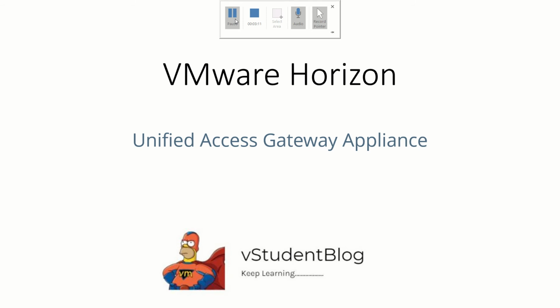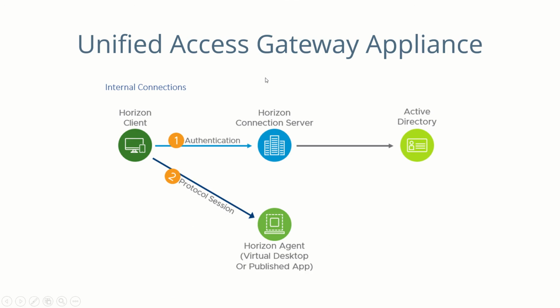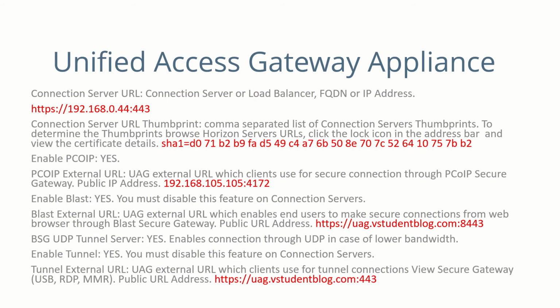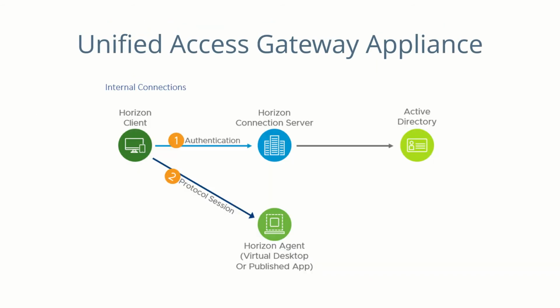So that's a little bit about this, and coming to the scenarios, this is how it looks without a UAG, for internal connections. You have a Horizon client, and it goes directly to the Horizon connection server using Active Directory, accessing the published application.